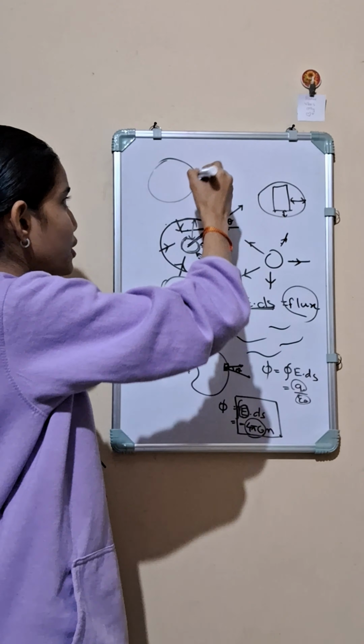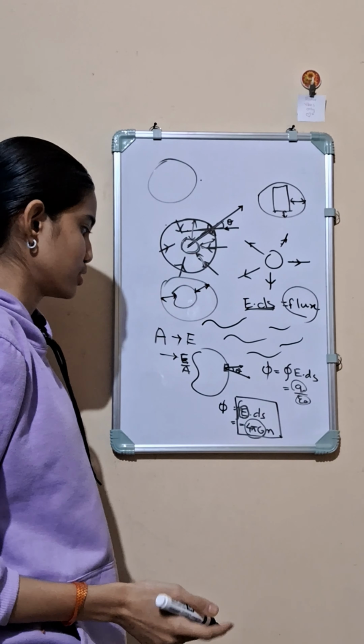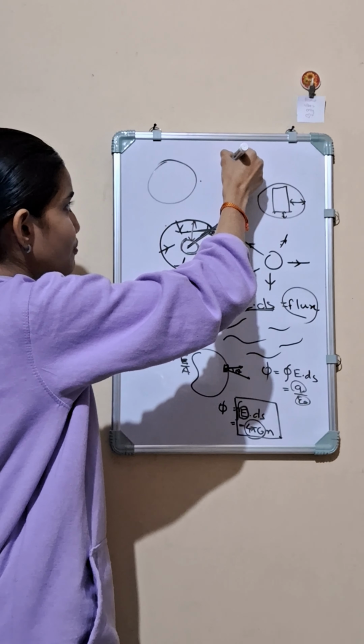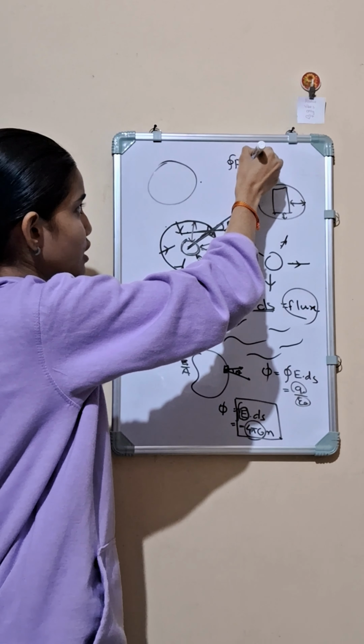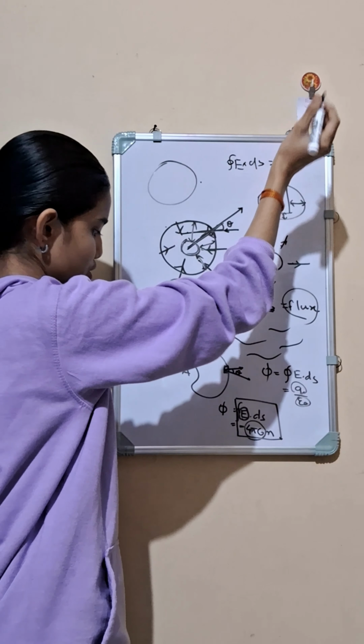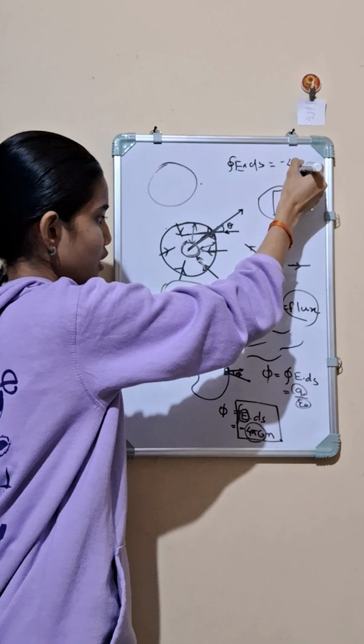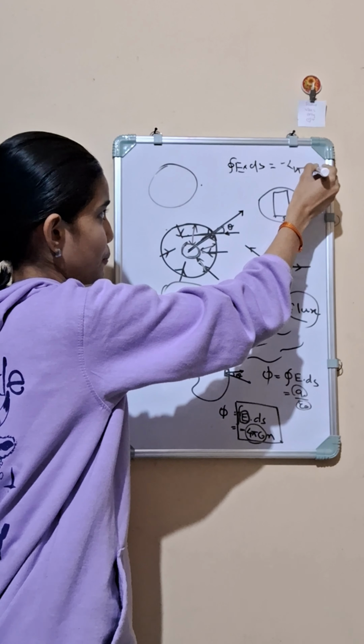For an outside point, we are going to calculate E dot ds equals minus 4 pi GM.